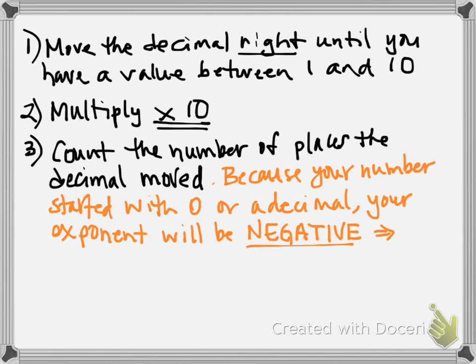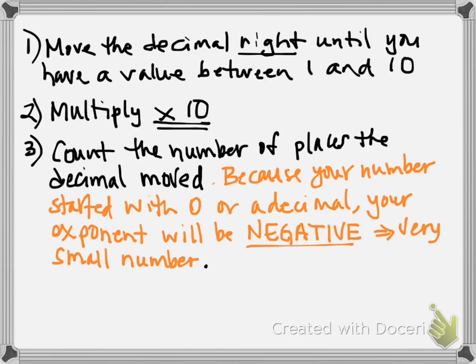And again, that means it's a very small number. Okay, so we count the number of places the decimal moved. Because your number started with 0 or a decimal, your exponent will be negative because it's a very small number.